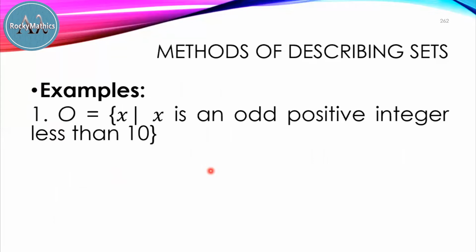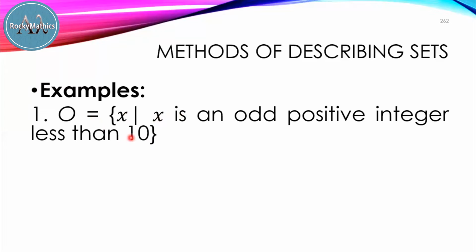For example, number 1, O is described as the set of x such that x is an odd positive integer less than 10. So it is clearly described here that x, which is an element of the set, is an odd positive integer less than 10.